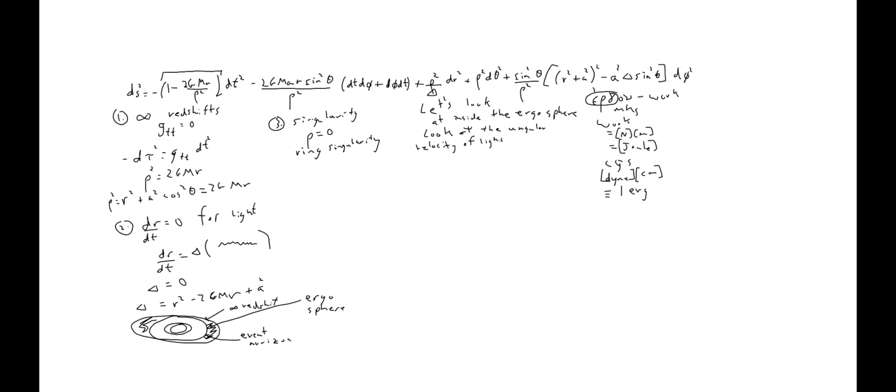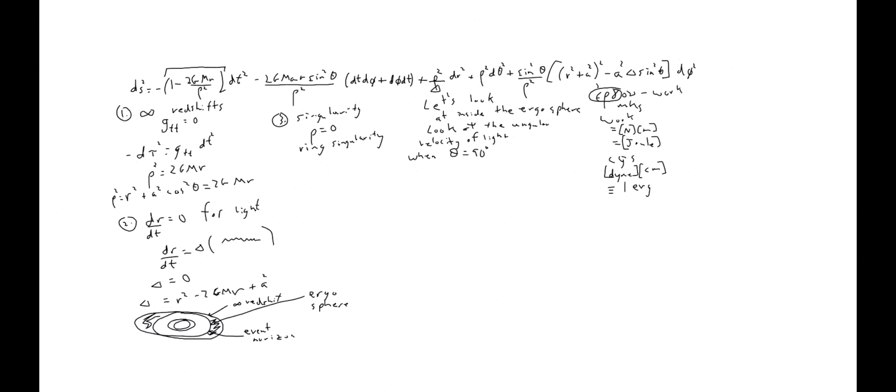And since we want to simplify this a little bit, we're going to say when theta equals 90 degrees. So you tell me how to do that. We'll set ds squared equal to 0, and then d theta is 0.